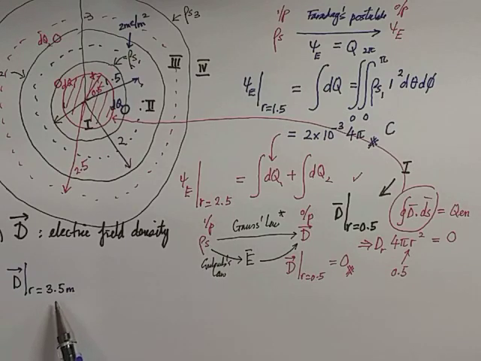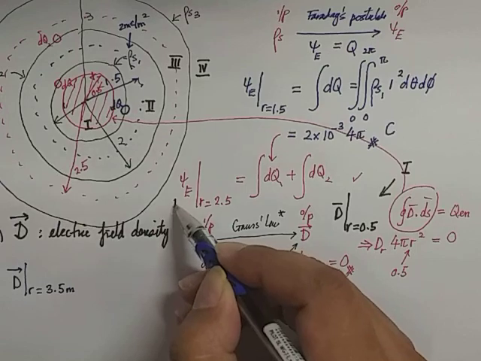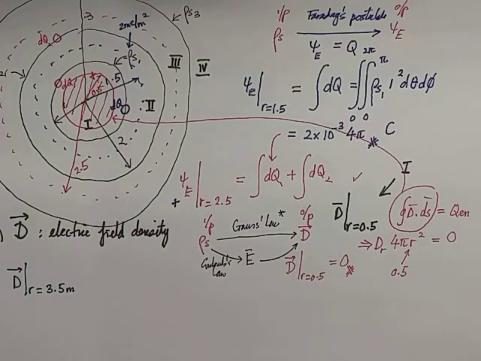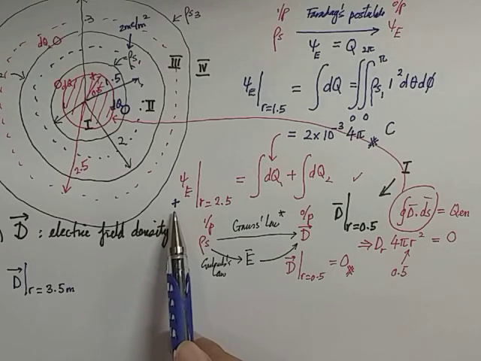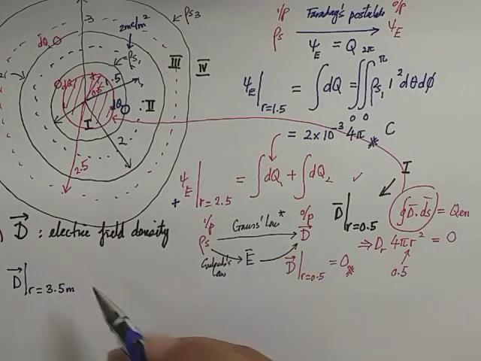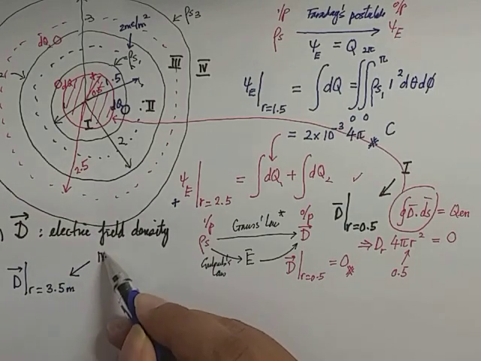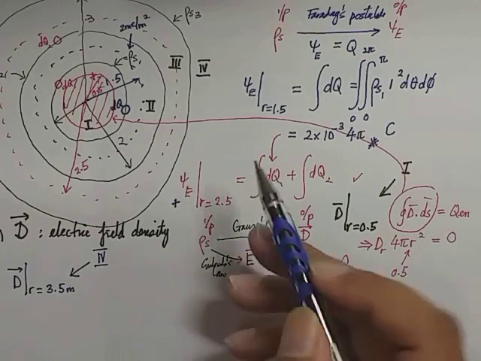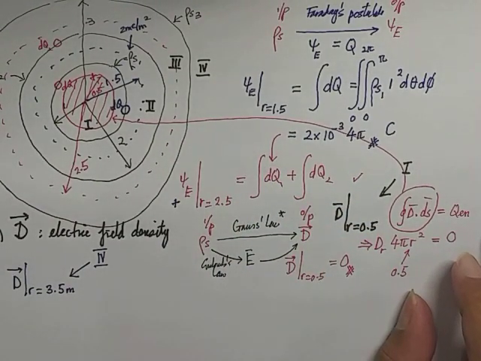It should be bigger than 3, so I'm going to draw it to be here. And I can see that by making the position to be here, it's actually in region number 4. So I'm going to say this particular problem is located in my region number 4, because it is bigger than 3 meter.